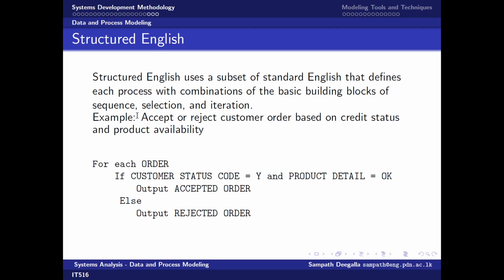In that selection, you check the customer status code, that means whether the customer has enough credit. If yes, and the product is also available, then we accept the order. If the customer credit is bad, or the product is not available, then you reject the order. So in structured English, we simply put it in words like this.